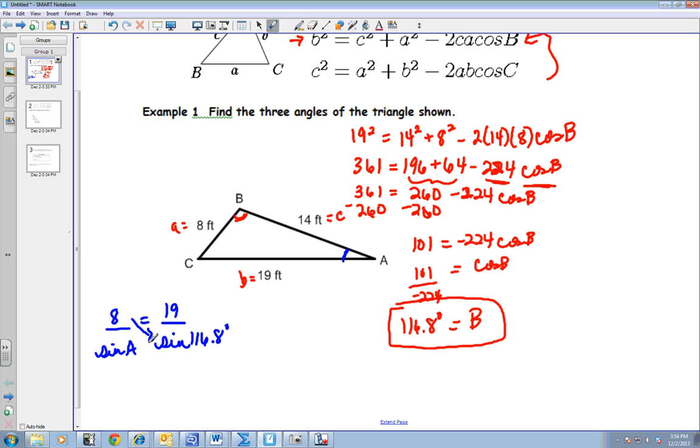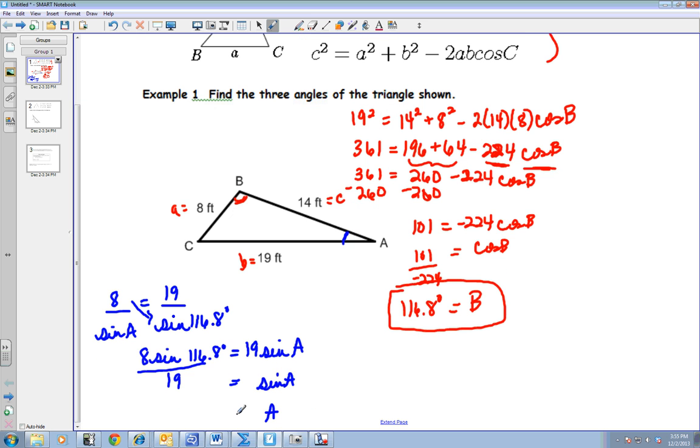Now I'm going to cross multiply. 8 times the sine of 116.8 equals 19 times the sine of A. So sine of A equals this divided by 19.